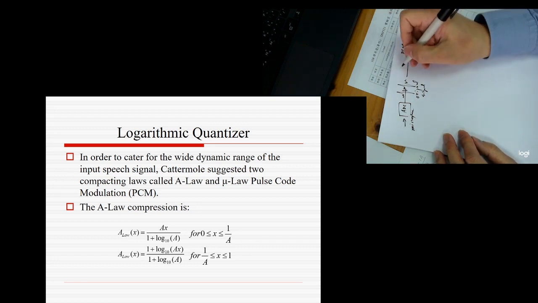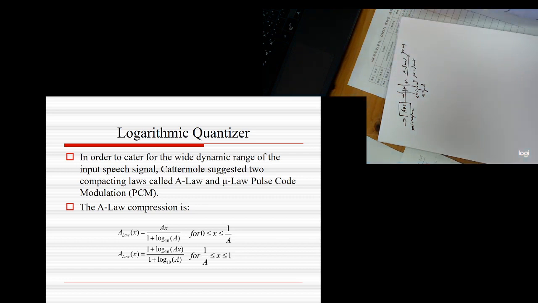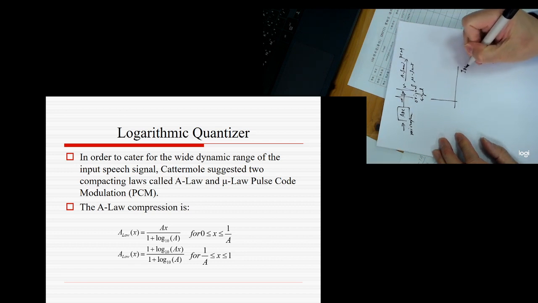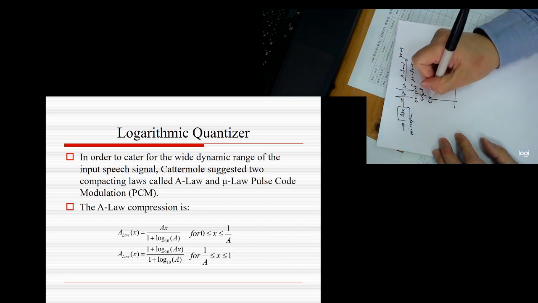PCM is more like A-law and mu-law. One is the North American standard, the other is the European standard. According to their equations, if your signal has dynamic range, this is your input and this is your output.